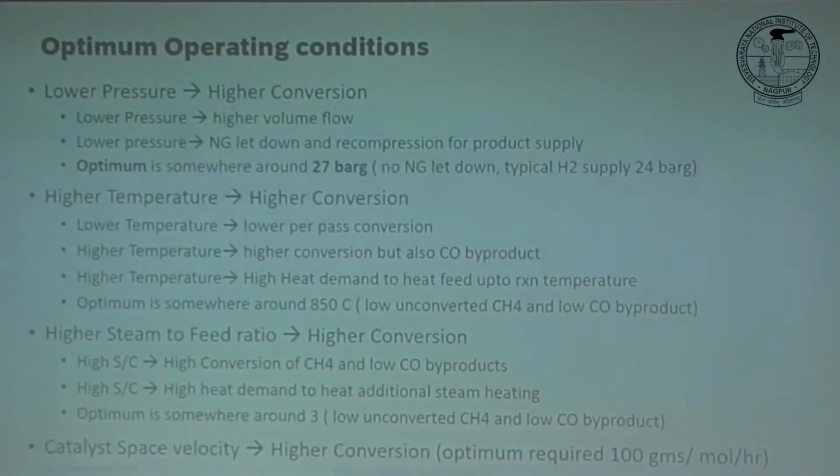And what's the problem with higher volume flow? If you think about it as an engineer, the higher the volume flow, a large vessel is required, large piping is required to have the flow.